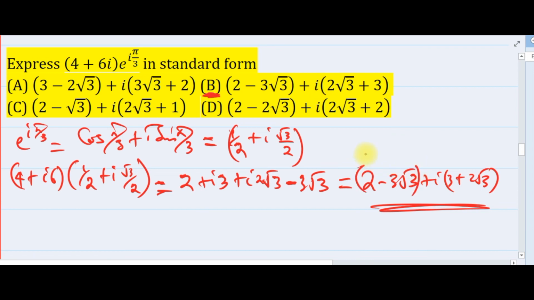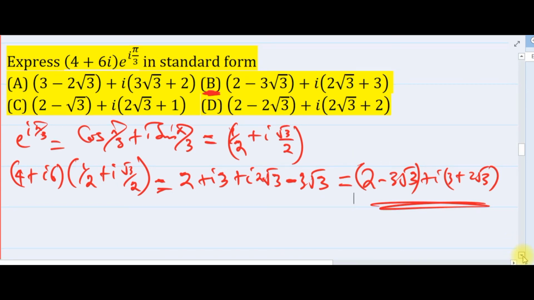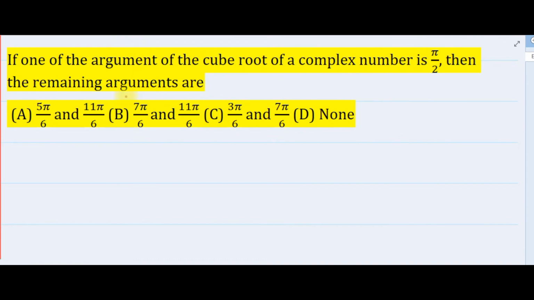Our answer is B. The next question: if one of the arguments of the cube root of a complex number is pi over 2, then the remaining arguments are very simple to solve. If you could remember, for the nth root of a complex number, the angle, which is the argument, is always theta plus 2 pi k over n.